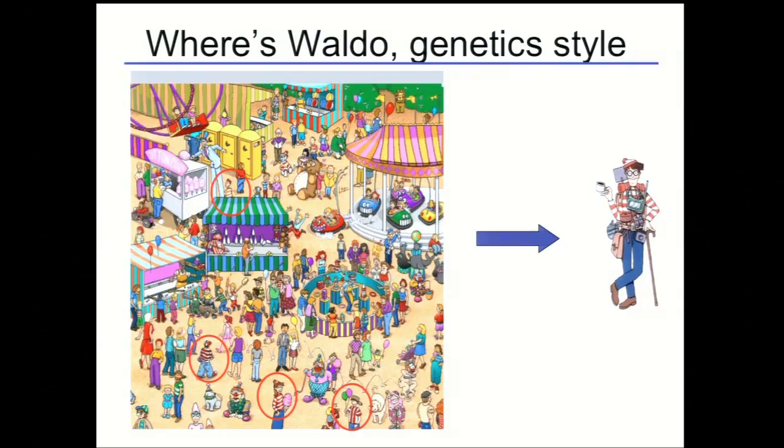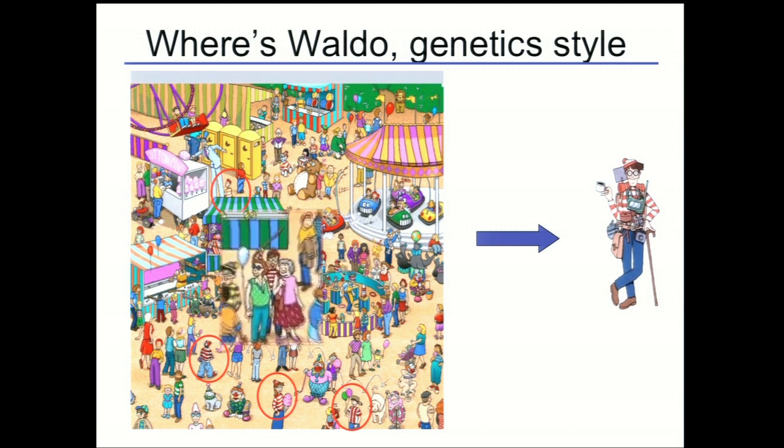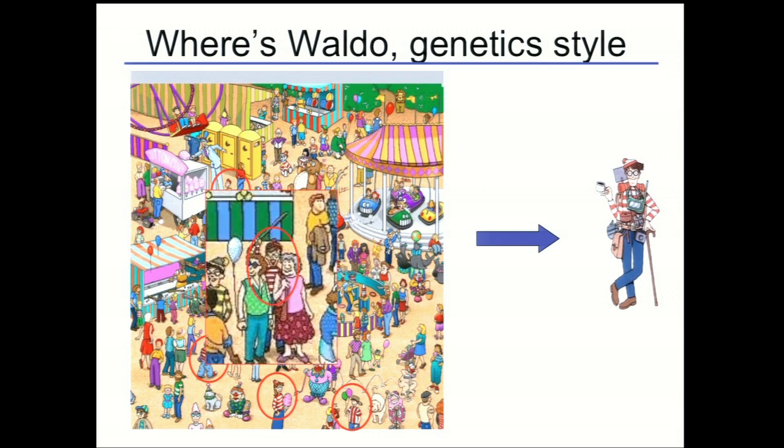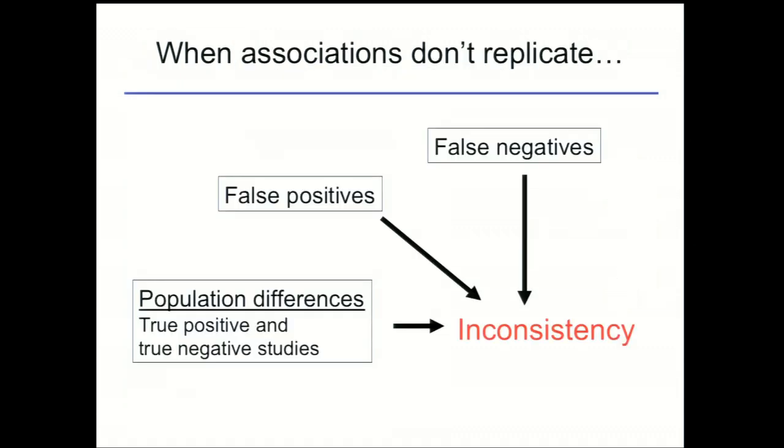If you're trying to find that E23K variant, though, you have to look harder. And the issue is, once you start looking harder, you can start to find things that aren't really there. So the message in this little cartoon is that things that are hard to find, when you're looking at lots of different possibilities, you can get fooled, and you have to be really careful in order to find what you're really looking for.